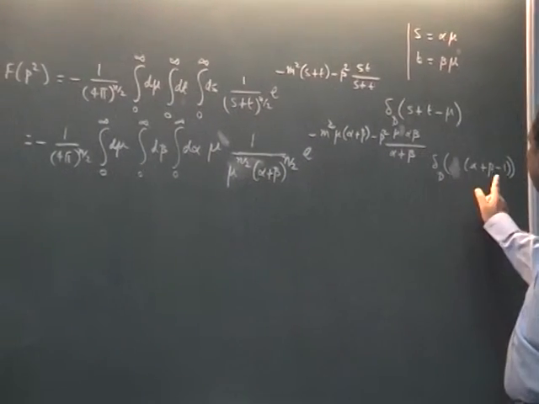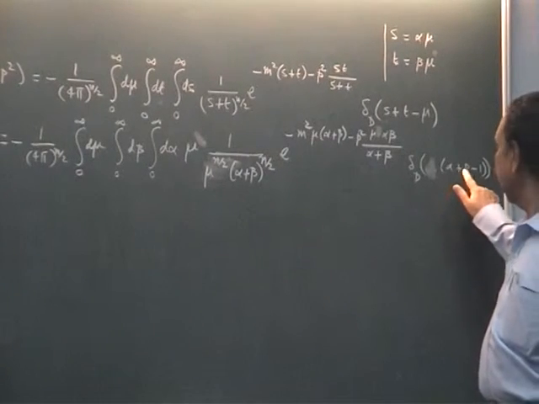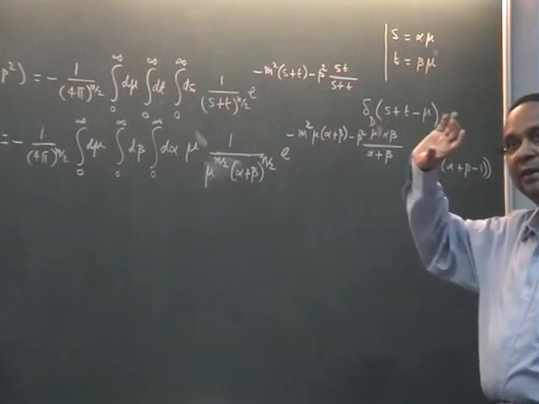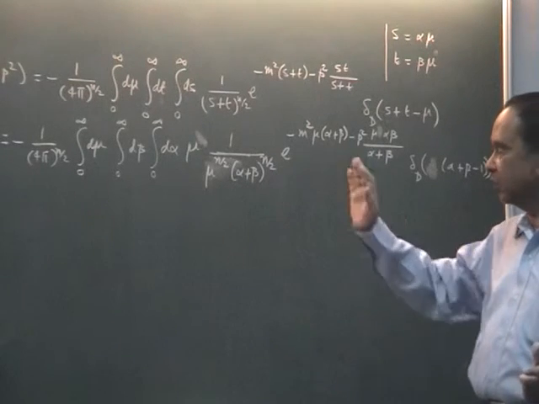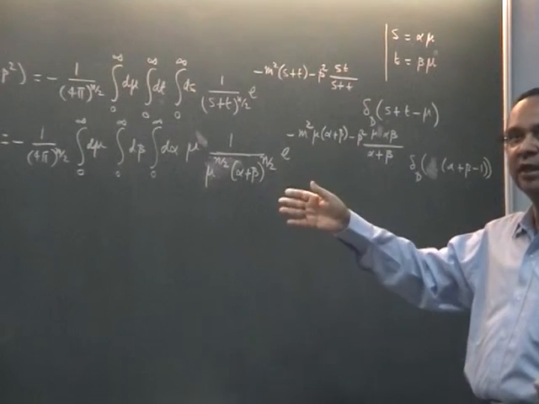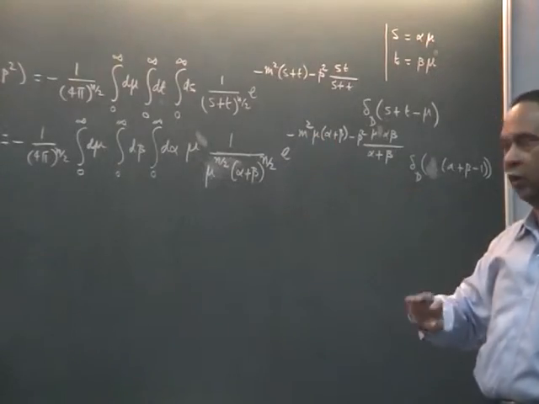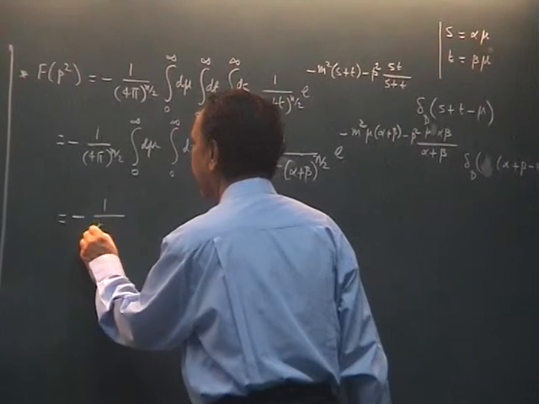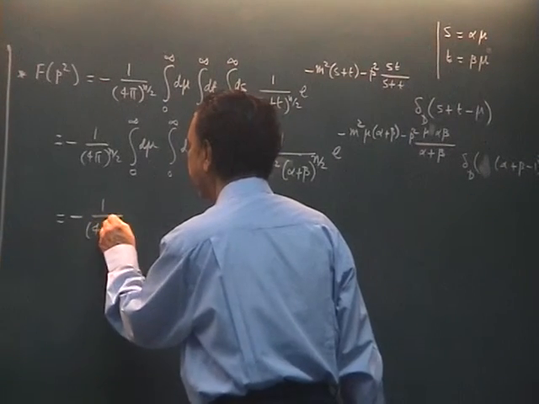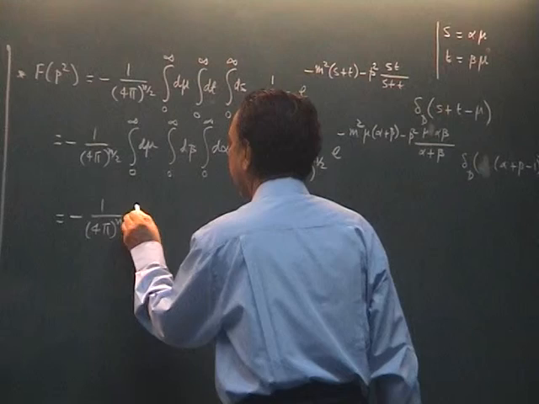Once I have done the beta integration, if alpha and beta exceeds unity, the Dirac delta function kills it. So once I have done the beta integration, the alpha integration is limited to 0 to 1. Okay. So what you will have is minus 1 upon 4 pi to the power n by 2 integral.